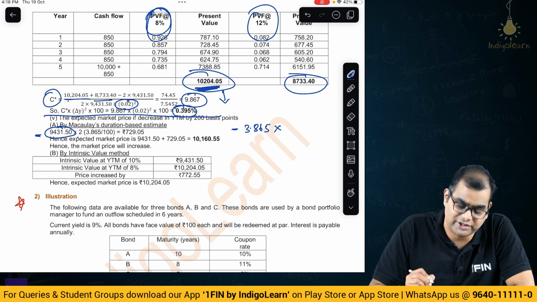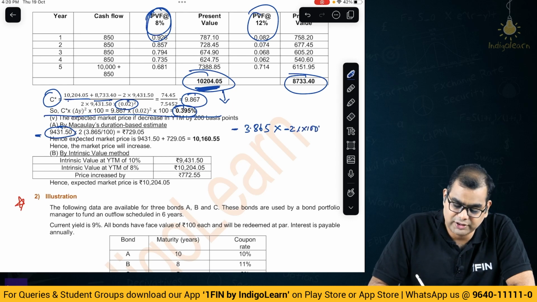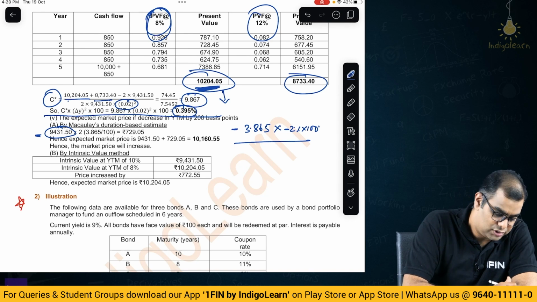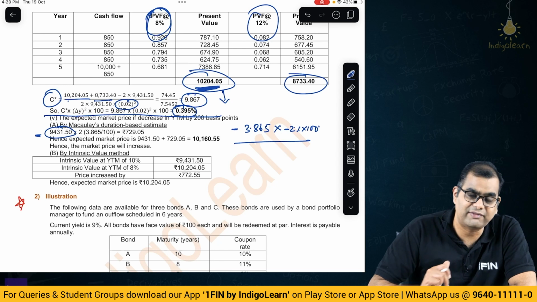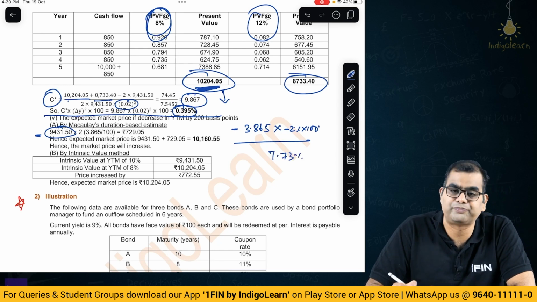Is the change increase or decrease? It is a decrease. So minus 2% into 100. You will get a value. What is this value? 2 into 3.865. That is 7.73. 7.73% is the change in price.